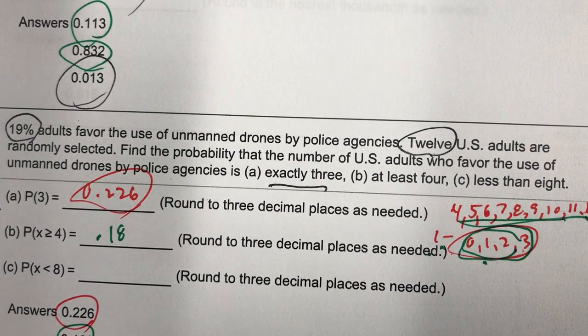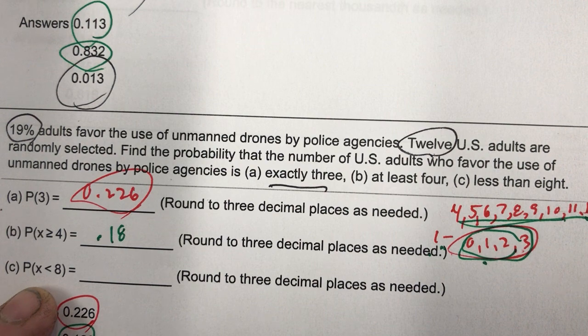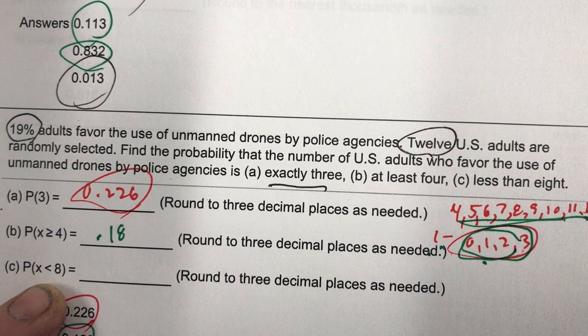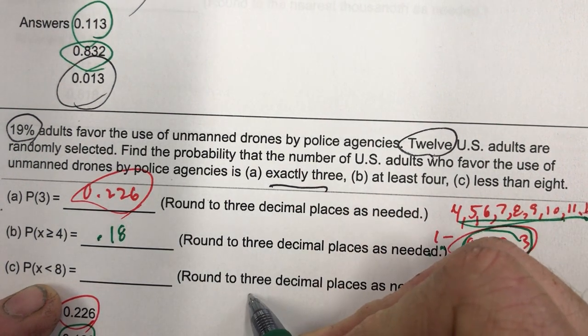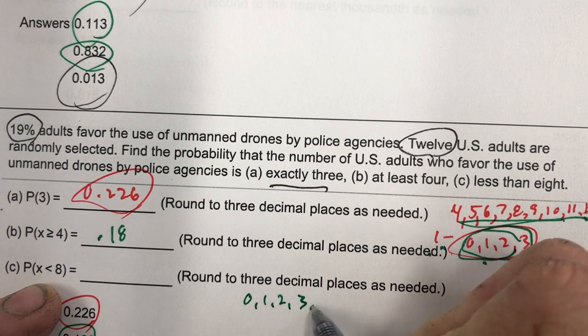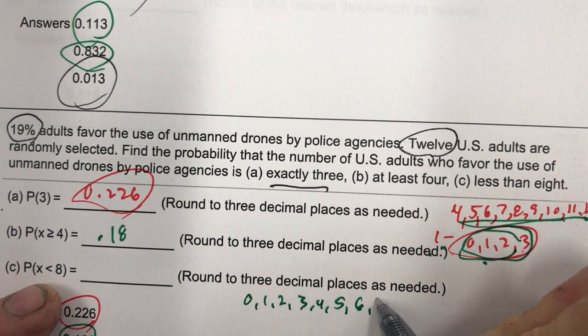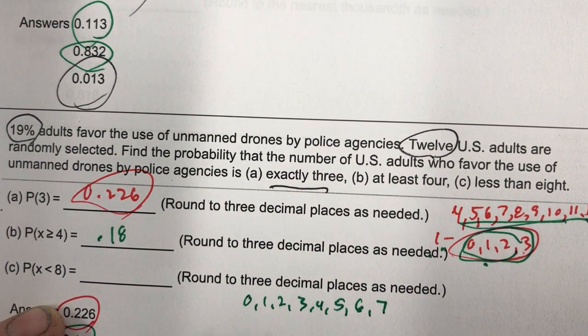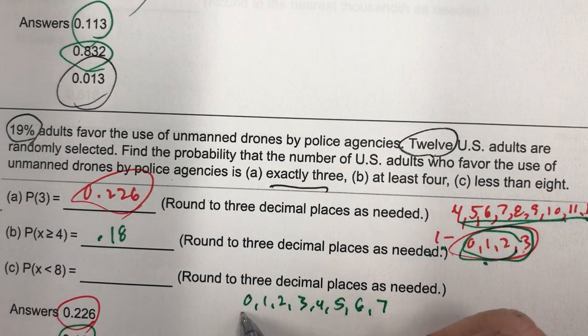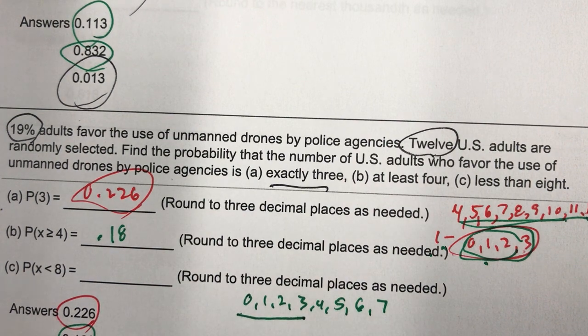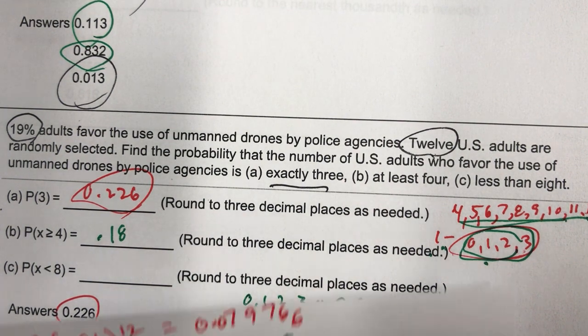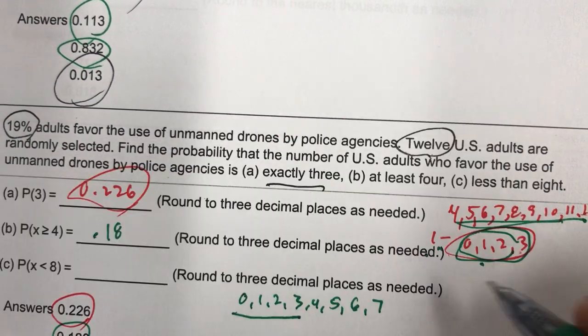Now, this last one here, what's the probability that x is less than 8? Less than 8 would be 0, 1, 2, 3, 4, 5, 6, and 7. So I need to add all those up. Now I just did 0 through 3, we just did that right here.